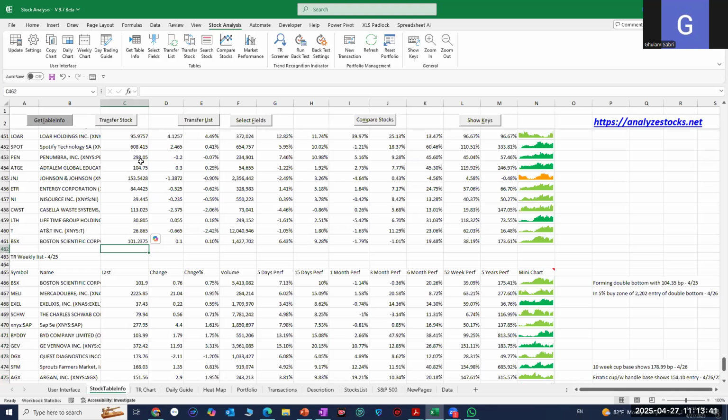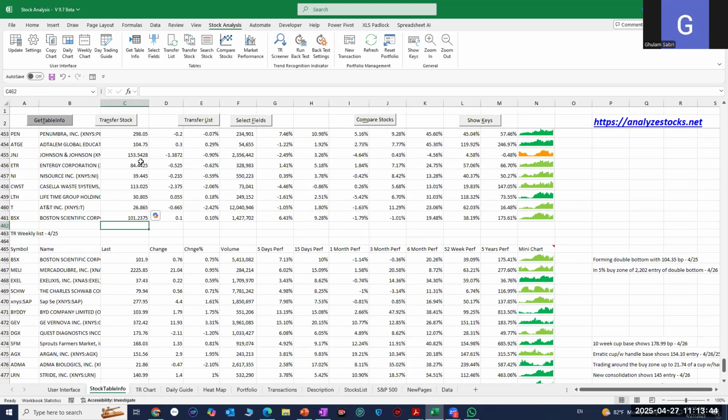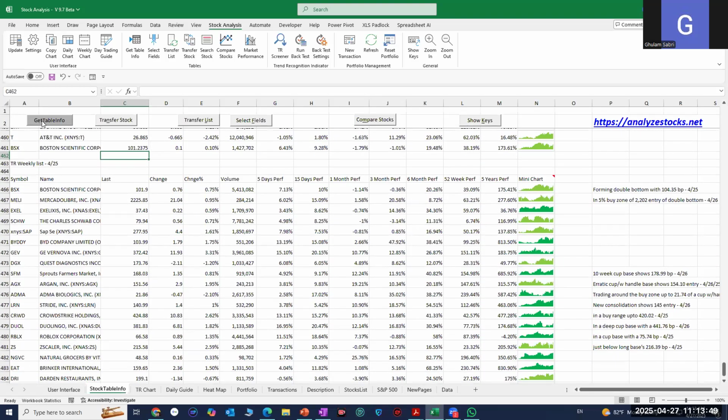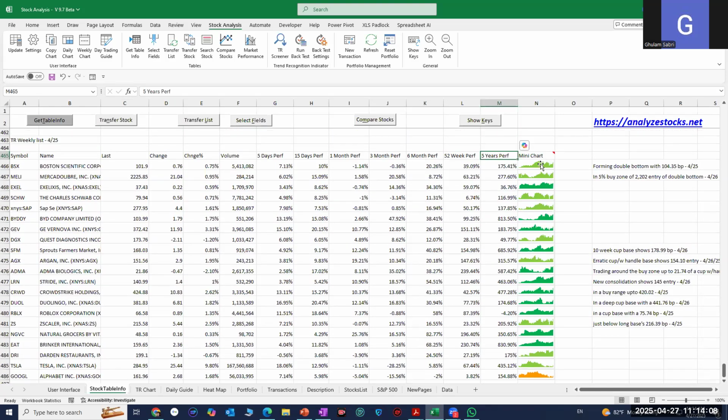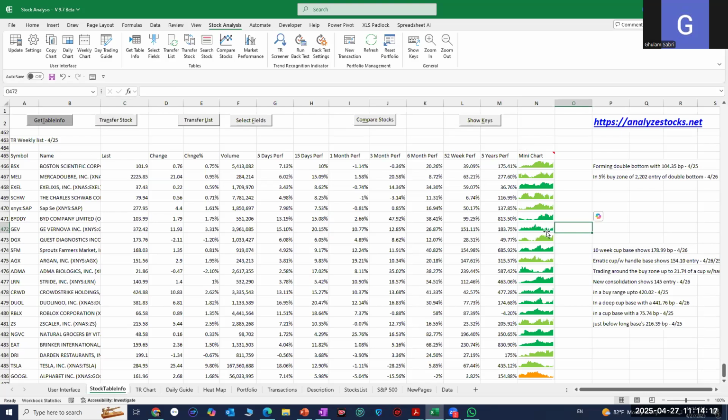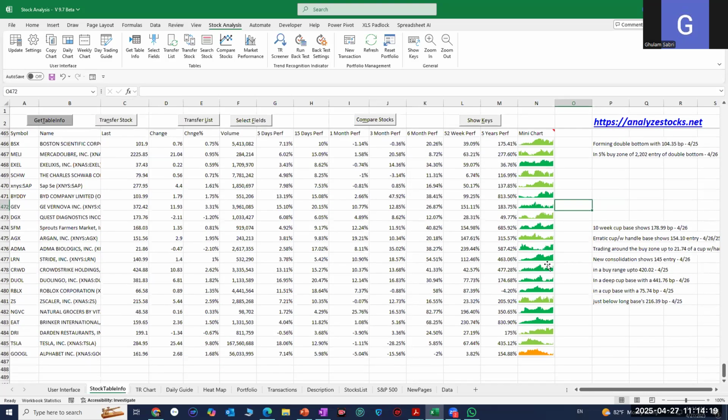And we can maintain different watch lists here, and going through each of them, we press this button and it is going to update all these different columns like last, change, percentage change, volume, 5-day performance, 15 days and 2 week performance, 1 month, 3 months, 6 months, 1 year, 5 year, and a small mini chart showing how the stock has performed over the time frame chosen, which was 6 months. Mostly it is light green or green for most of these stocks.